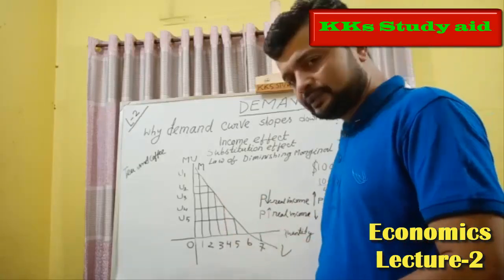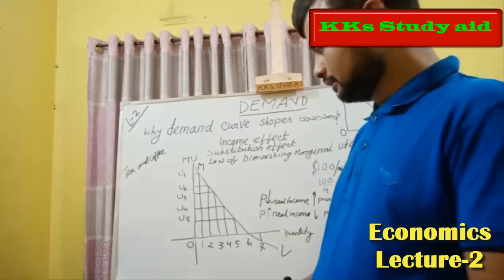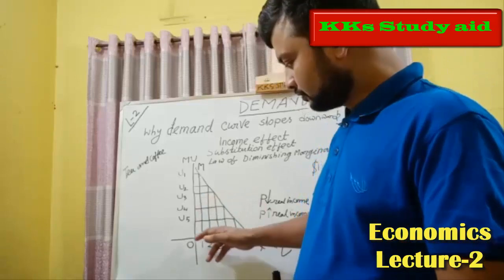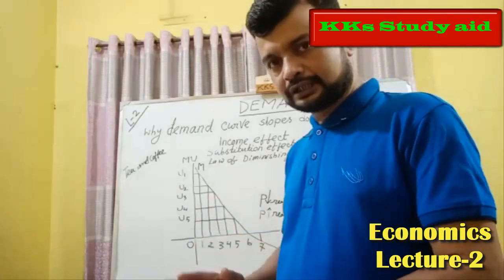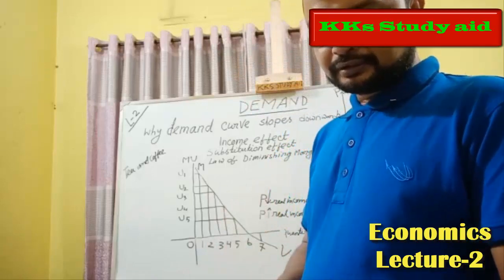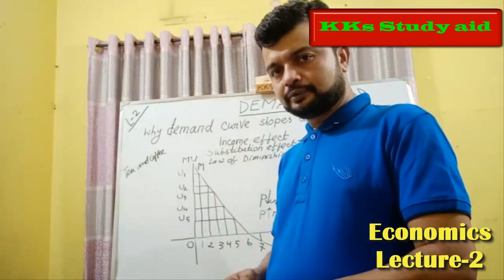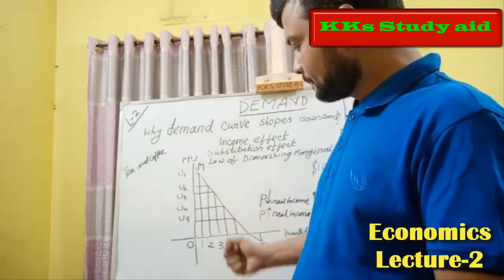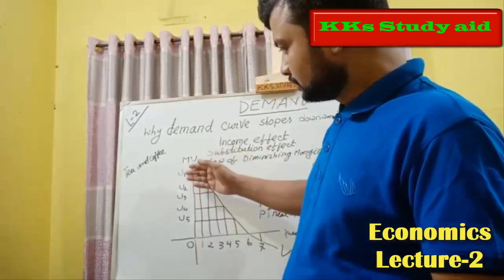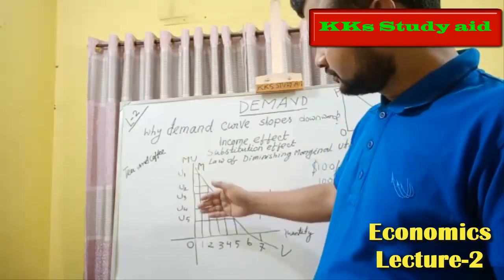So what about the price? If you were asked how much money you would like to pay for the first cup of coffee, what would be your answer? As a rational consumer, your answer would be that you will pay a price equal to the utility you were getting from the first cup of coffee.